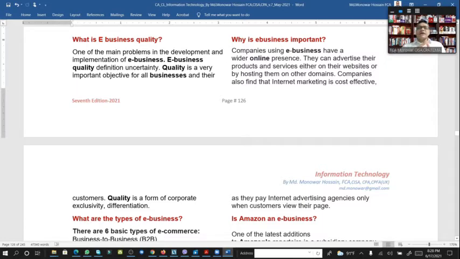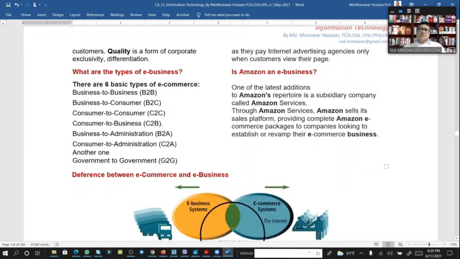They can advertise and sell their products, and the overhead cost is less because there is no need for a high-cost showroom.